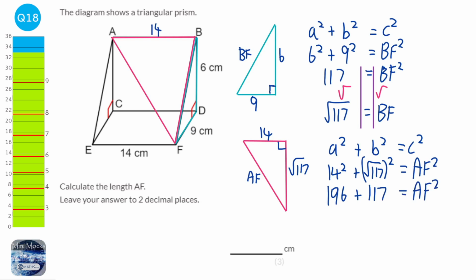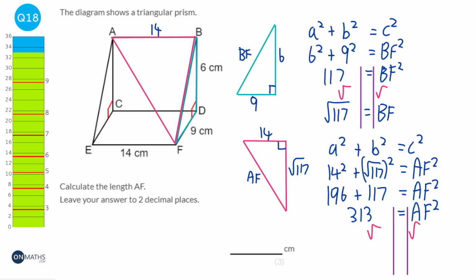And when you add them together you get 313. And again get our solving lines in. Square root both sides. And this time we're actually going to square root 313 because we need a decimal answer. So it would be 17.691 and so on. It's equal to AF. And it says to 2 decimal places, so that's going to be 17.69 centimetres.